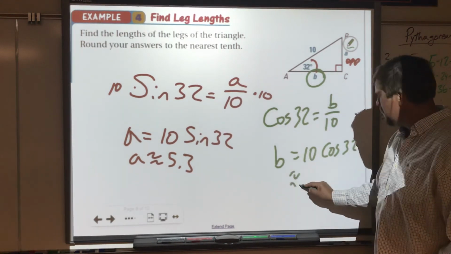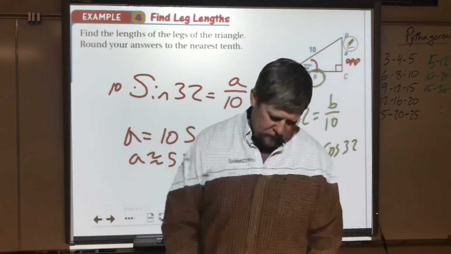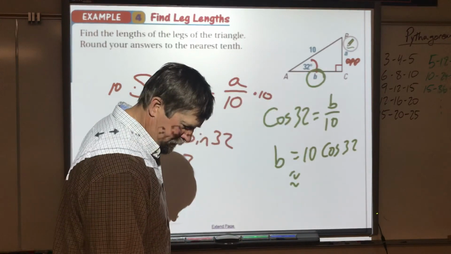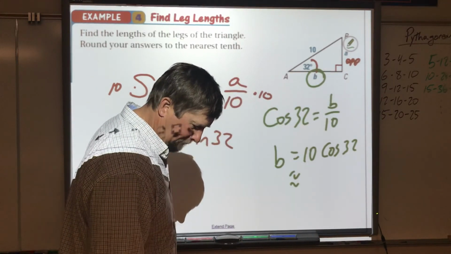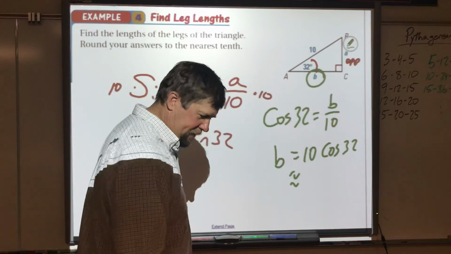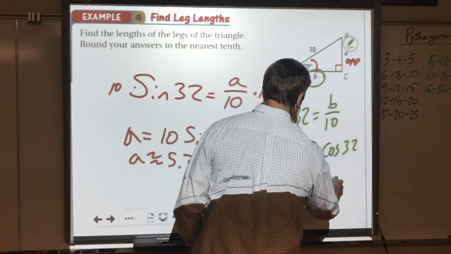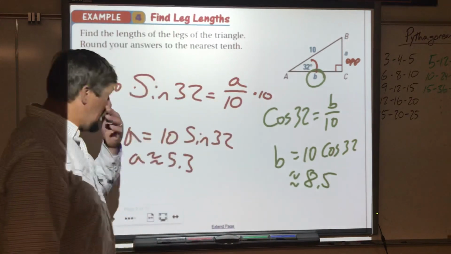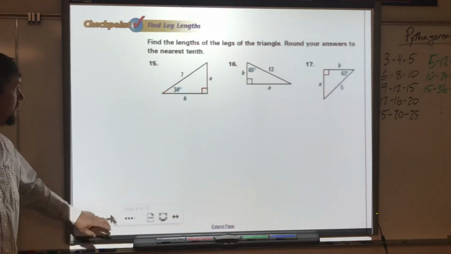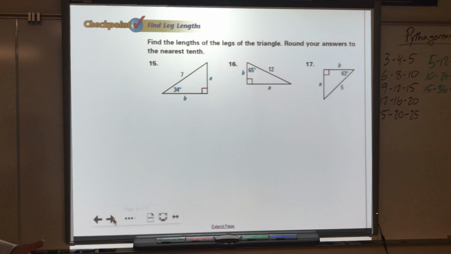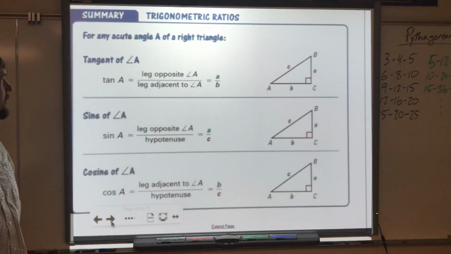And then that would approximate what that is. So 10 times the cosine of 32 is 8.5. And that's how you do those. Here are the three ratios.